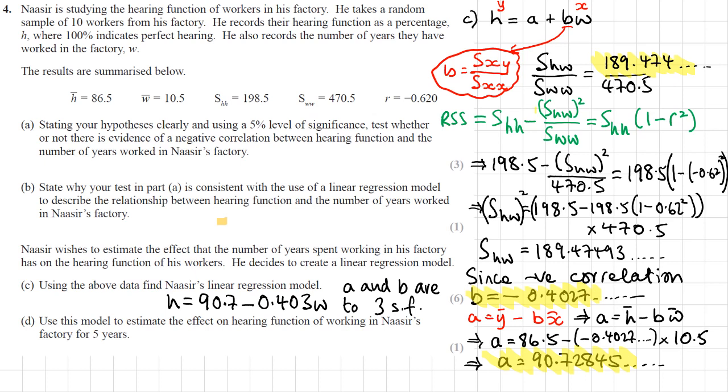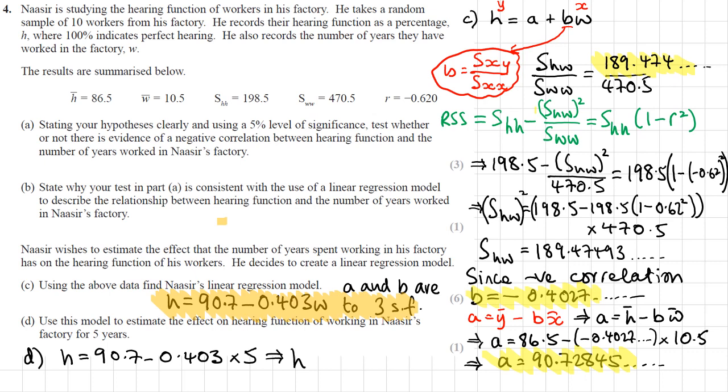Okay, moving on to part D. Use this model to estimate the effect on hearing function of working in the factory for 5 years. Okay, so that's going to be H is equal to 90.7 minus 0.403 times 5.